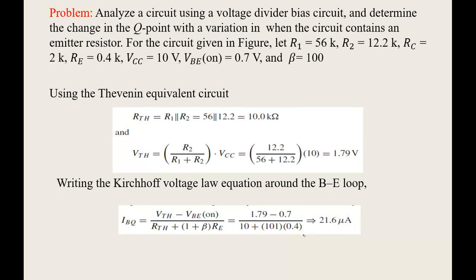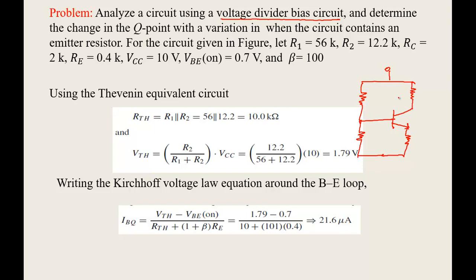So let us take a voltage divider bias circuit. Sometimes the circuit will not be given in your problem, so you must be able to remember that. Basically, that's how the circuit will be.